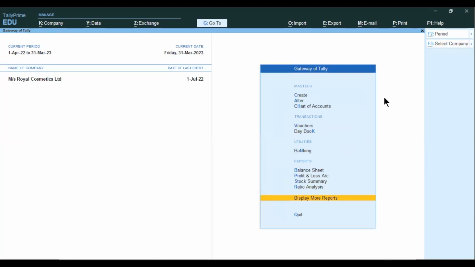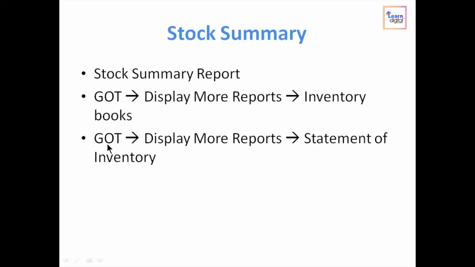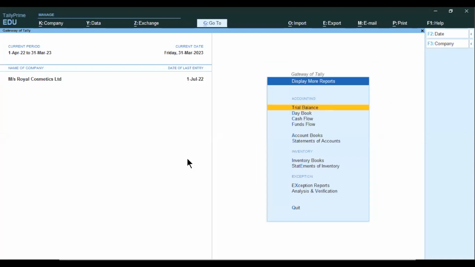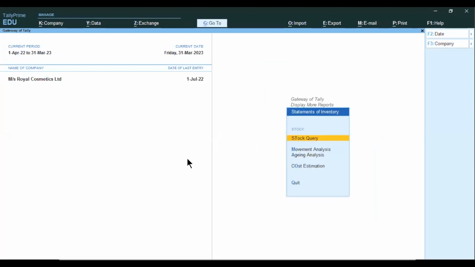Again, another way is available. Gateway of Tally, display more reports, statement of inventory. Here we can check the inventory summary or inventory reports in different ways.